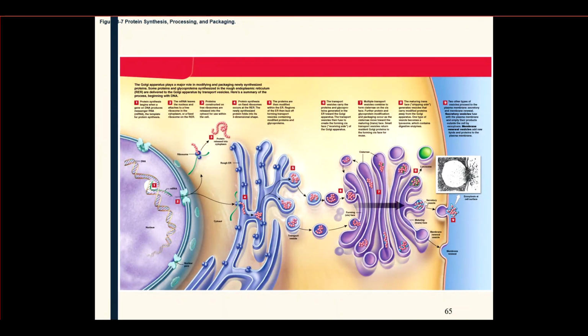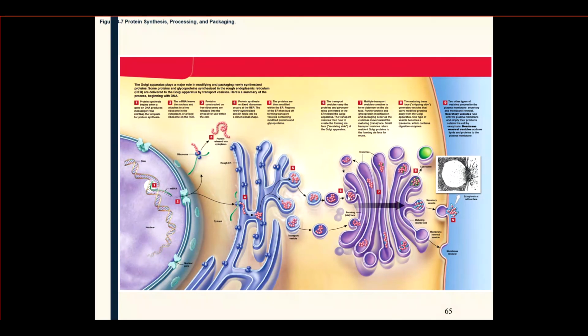It goes into this little water balloon known as the secretory vesicle. That's at the maturing phase. Then the secretory vesicle drives to the cell membrane, and that secretory vesicle fuses with the cell membrane and spits out that protein. That process, I want you to know, is called exocytosis.